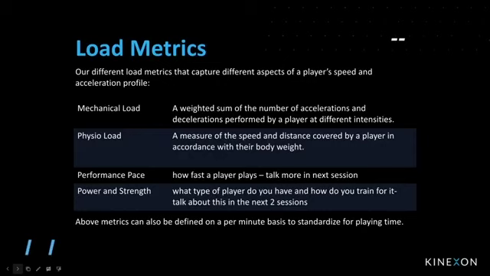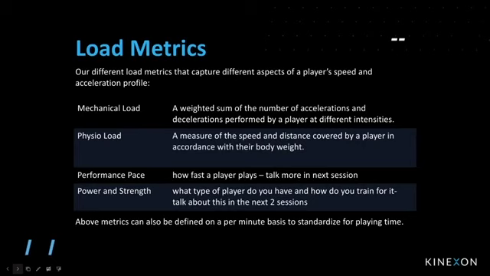Let's just say you have a guard and a forward that cover the same total distance in a game. They're both 2.2 miles that they've covered in a game. But that forward weighs 50 pounds more than that guard. So I want to give that forward credit, understanding how much work he really did.